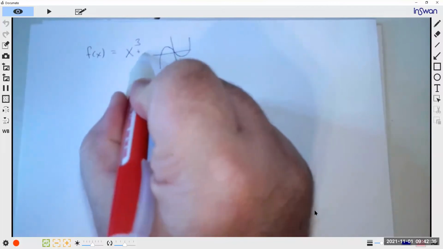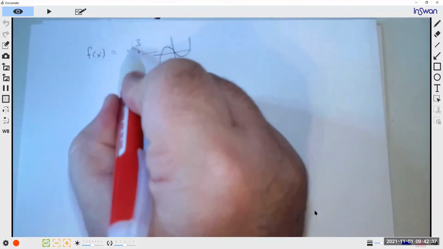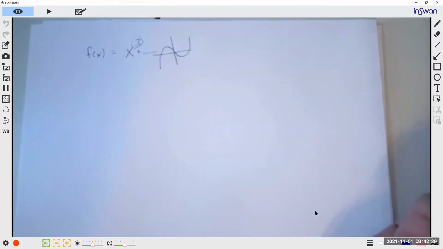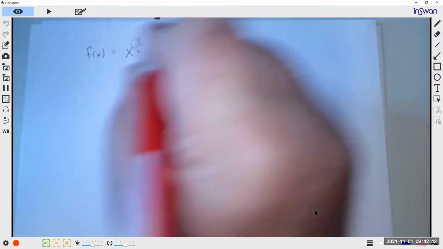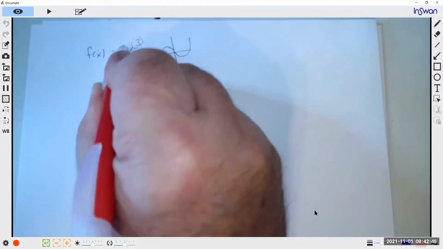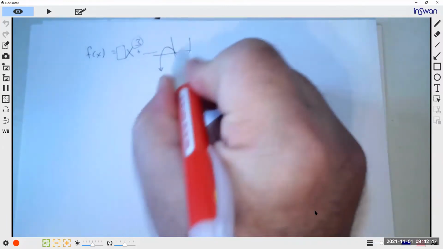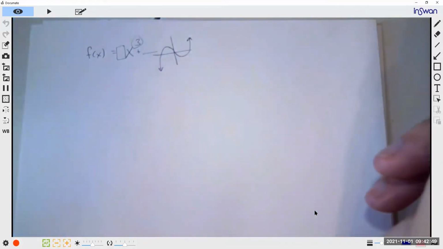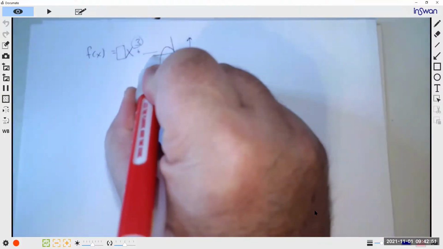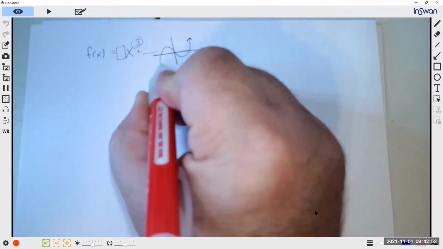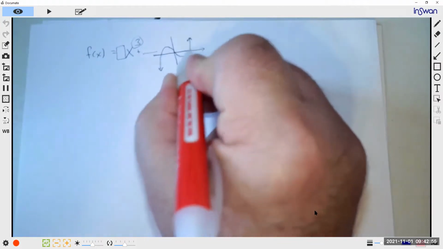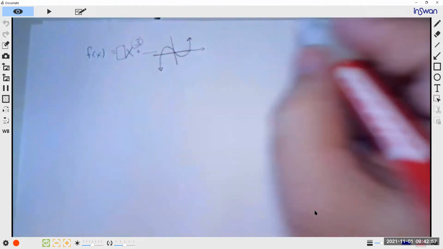The equation will have other stuff behind it, but it's the largest exponent that tells us what the shape of the graph is going to look like. Since the leading coefficient is positive, it's an increasing graph, which means as we go to the right, the graph will eventually always go up.